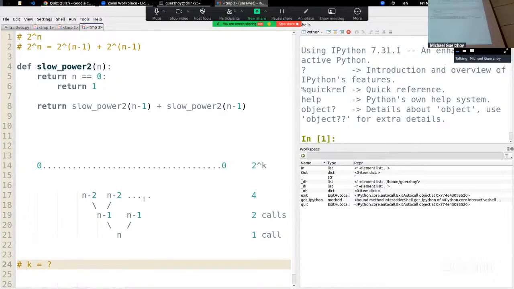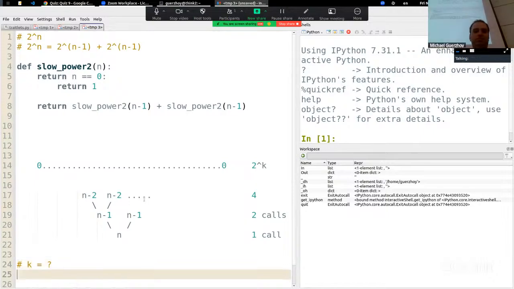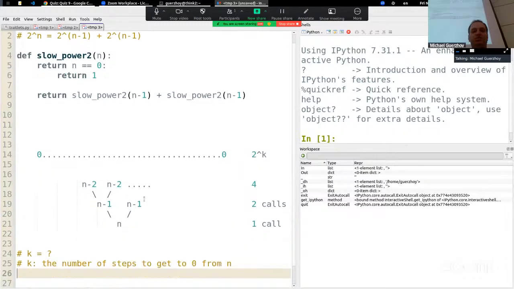So k is the number of steps to get to 0 from n by subtracting 1 every time. That's not a very difficult math problem, right? That number of steps is n. Make sense?